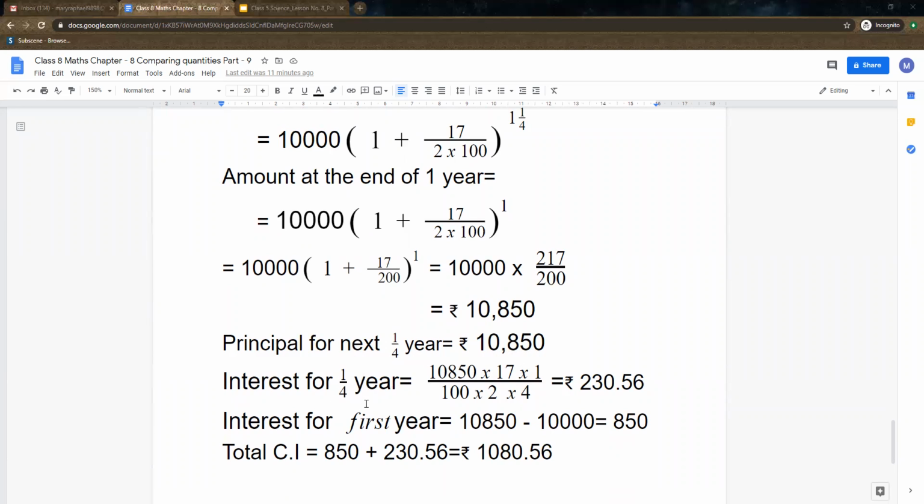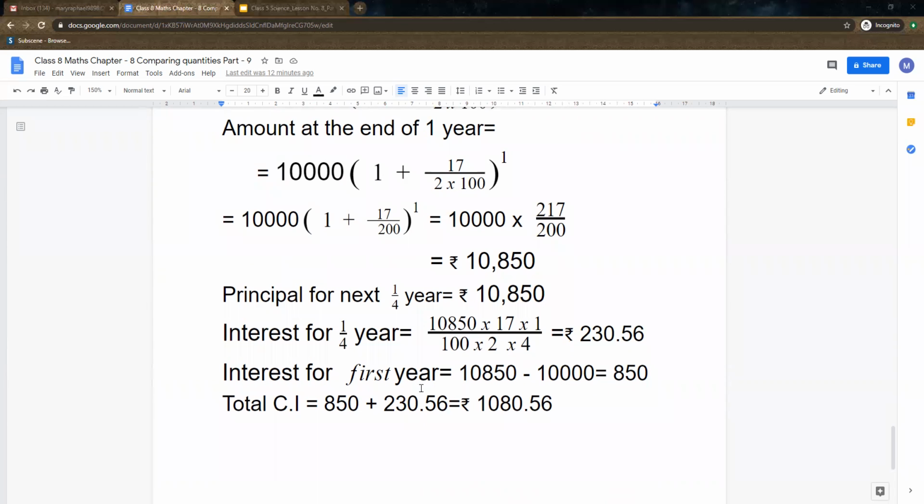So the principal for the next 1/4 year equals rupees 10,850. So the interest for this 1/4 year, the simple interest way, is principal into rate of interest into time. What is the principal? 10,850 upon 100 into rate of interest 17 upon 2, time period 1 upon 4. Calculating, we get 230.56. The interest for the first year: 10,850 is the amount, and subtracting the principal, you get 850.